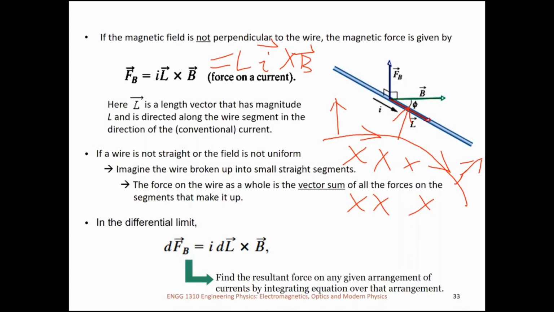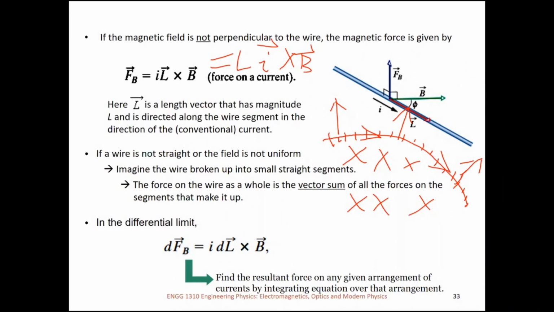In this way, we can imagine the wire broken into small straight segments. We can just cut them into many dL, just like for the line charge, right?